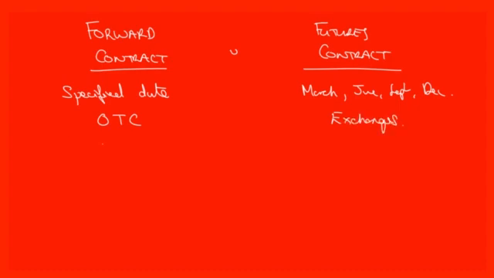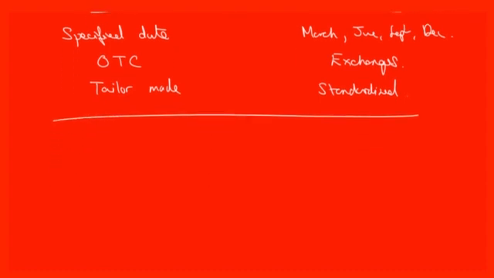So a forward contract is tailor-made for you, specific date, specific amount of money, and a futures contract isn't. They are very standardised in terms of the dates, also in terms of the money, £62,500 each.